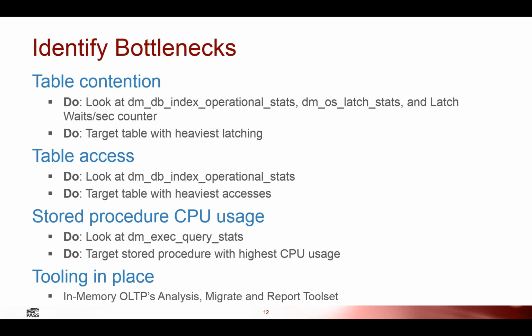You can look at the recommendations the AMR tool generates, and that will give you some idea of how this works and how you can pick the right objects to migrate.